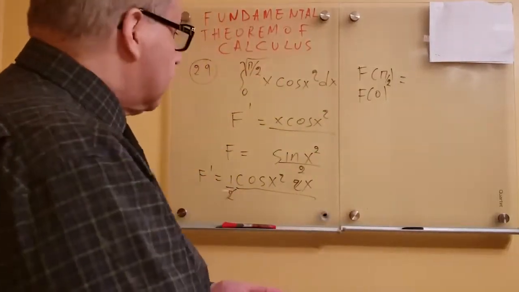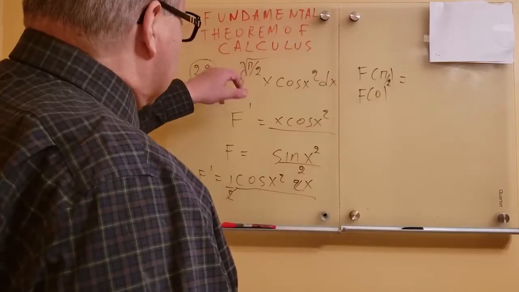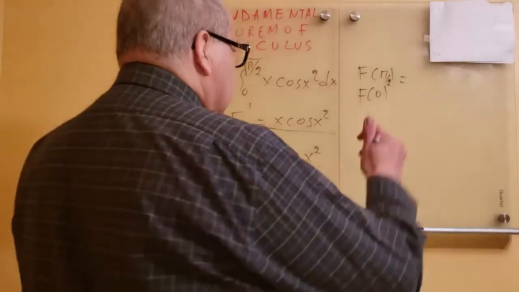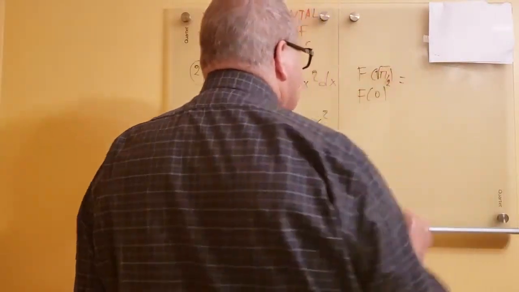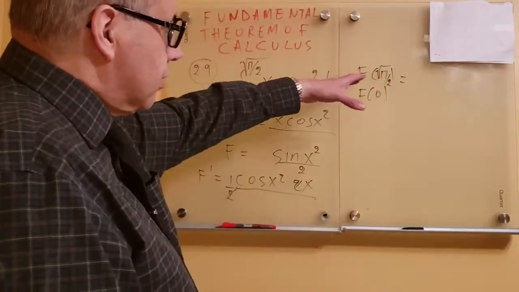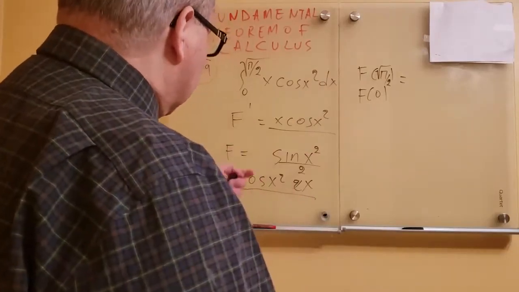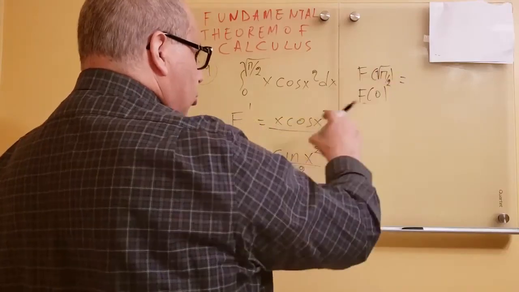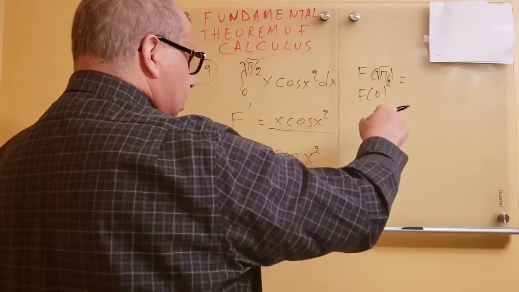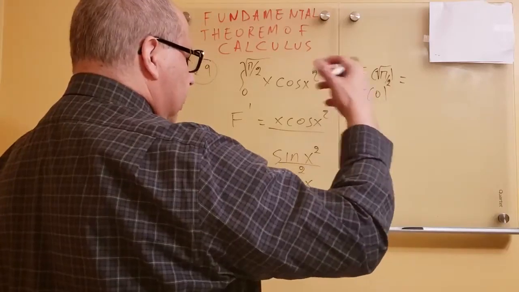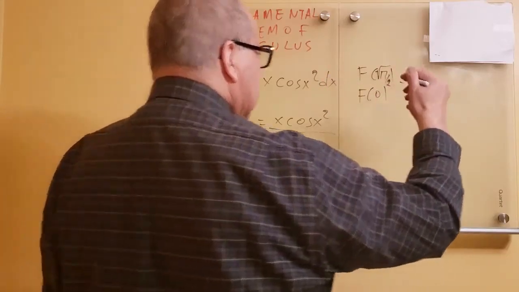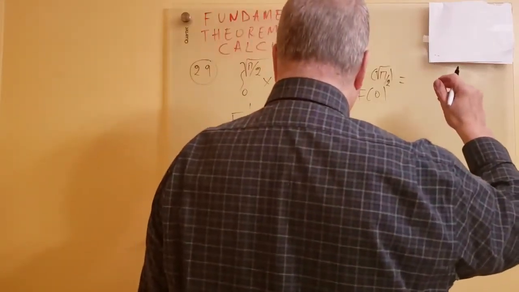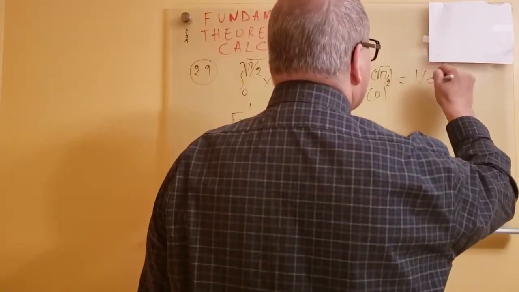Yes, sorry, just to correct, the upper limit here is square root of pi over 2, because it didn't make a lot of sense with just pi over 2. So that's now no problem, because you have the sine of the square root of pi over 2 squared, so that means it's just the sine of pi over 2. The sine of pi over 2 is 1, so 1/2 over 2, that's 1/4.